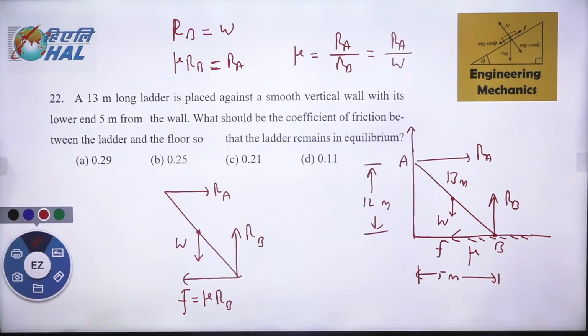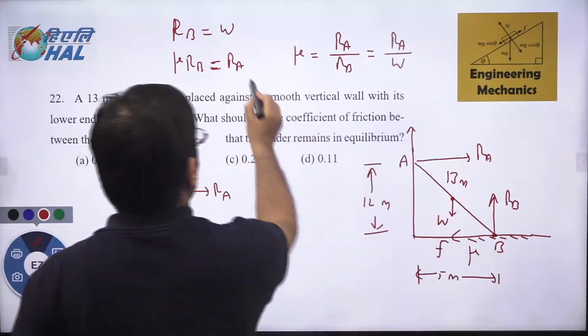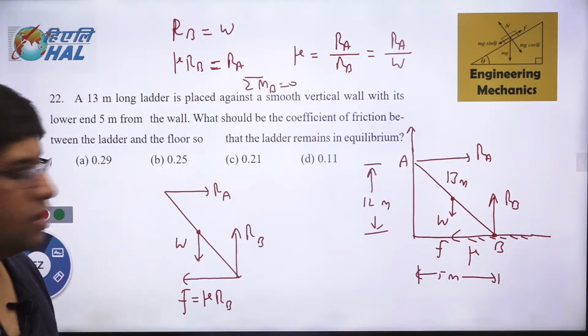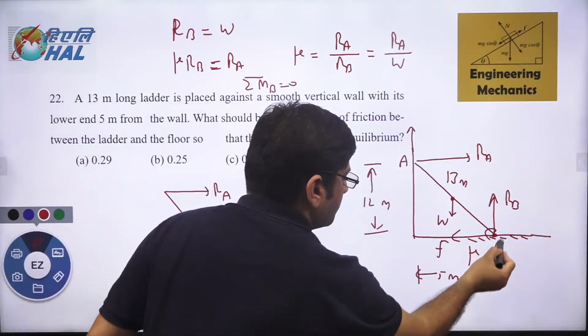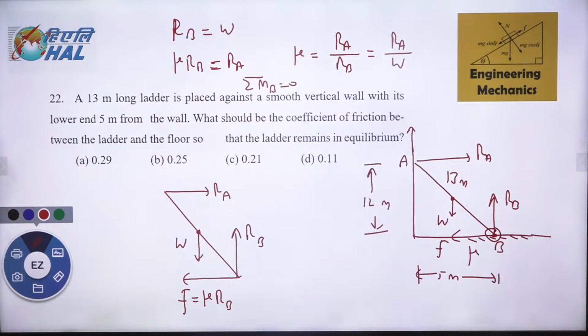Now what we can do is calculate the moment of all forces about a particular point. Let's take the moment of all forces about point B. So the moment of all forces about point B has to be 0. When we calculate the moment at point B, RB and the force of friction will not come into the picture.